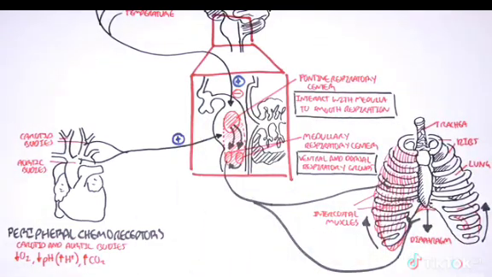And so when the respiratory center is stimulated, there'll be a quicker respiratory rate. So you will breathe in and breathe out quicker. And so you can breathe in more oxygen and you can breathe out more carbon dioxide to neutralize everything.